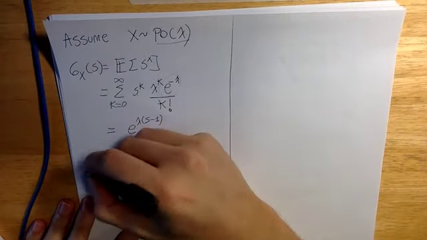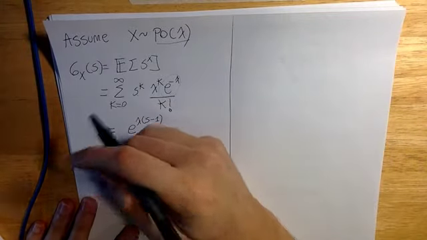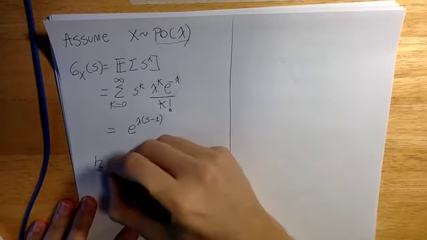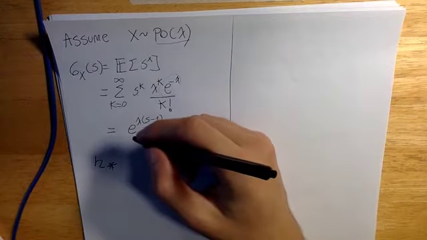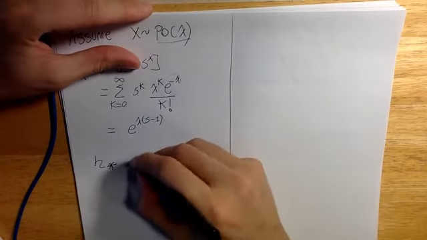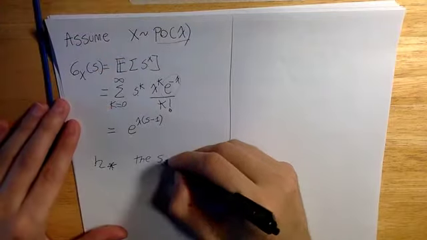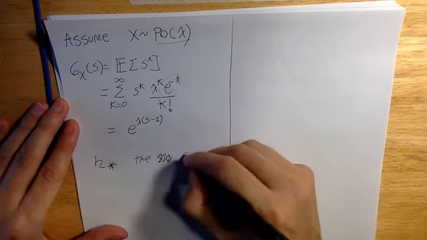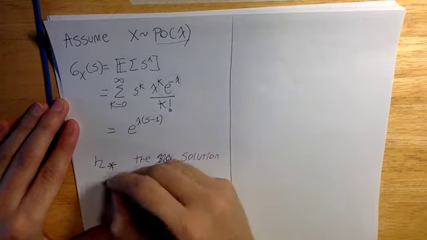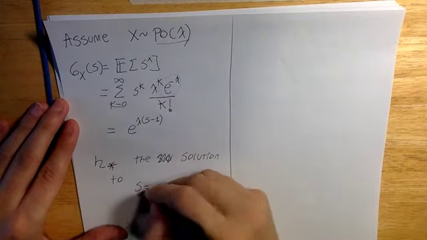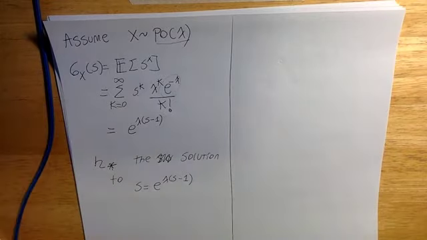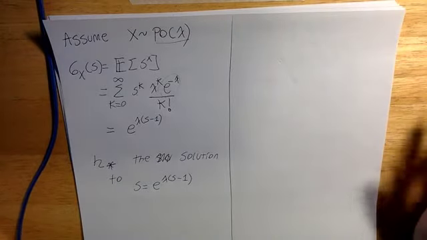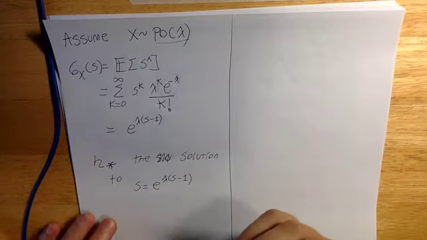So now if we look at eta star, which is the smallest positive solution to s equal to e to the lambda (s minus 1), the point is, what is the expectation of the Poisson lambda?